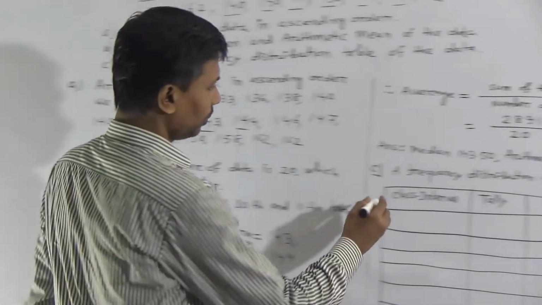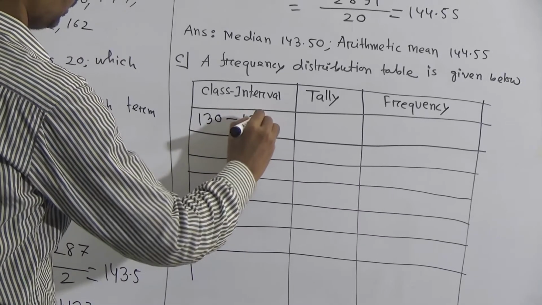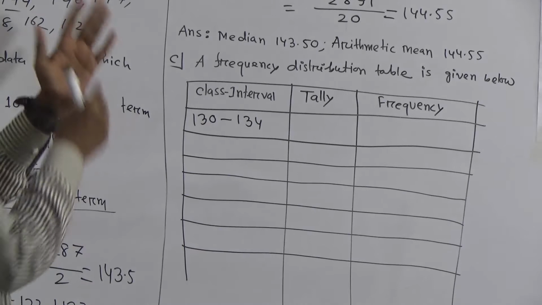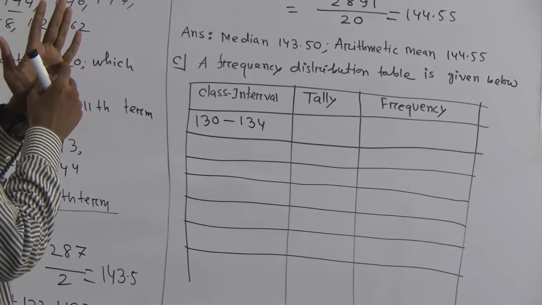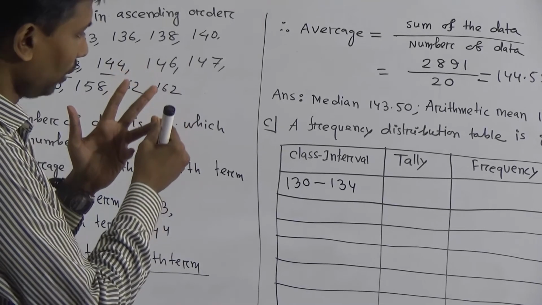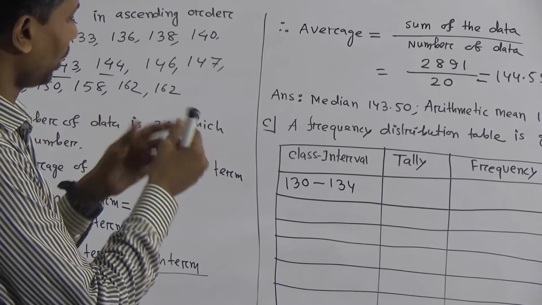That means 130 to 134. You have to start like this way, from 130: 130, 131, 132, 133, 134.